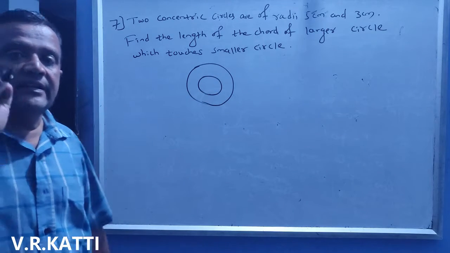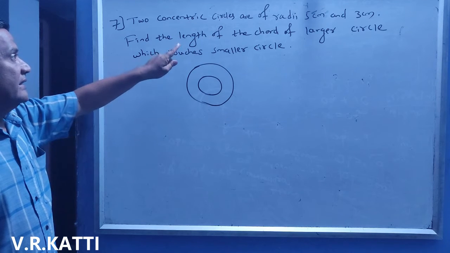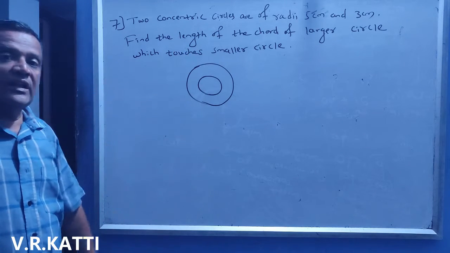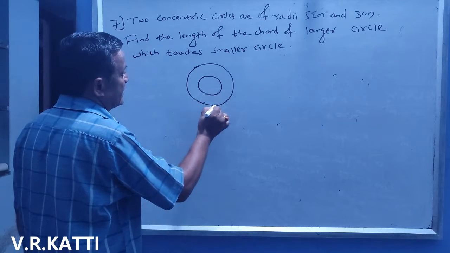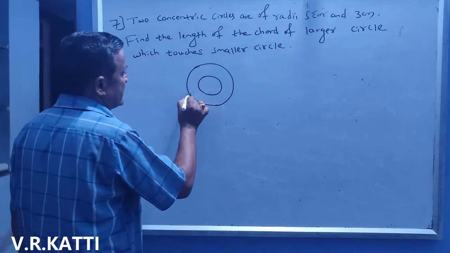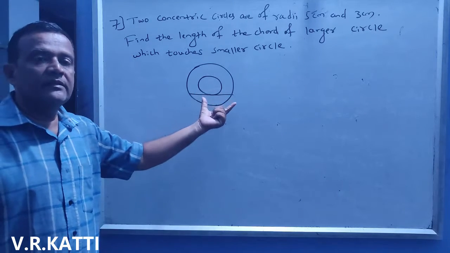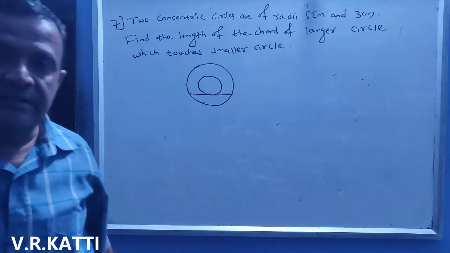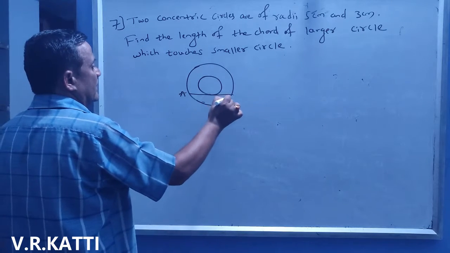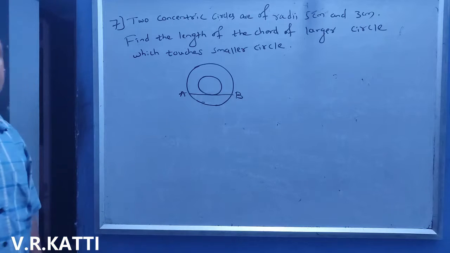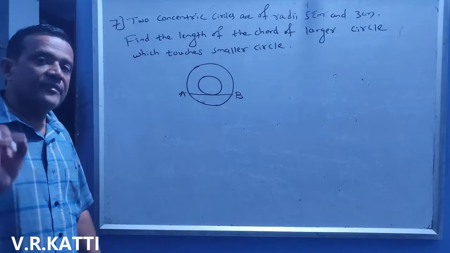Two concentric circles, radii 5 and 3. Let the chord of the larger circle that touches the smaller circle be AB.